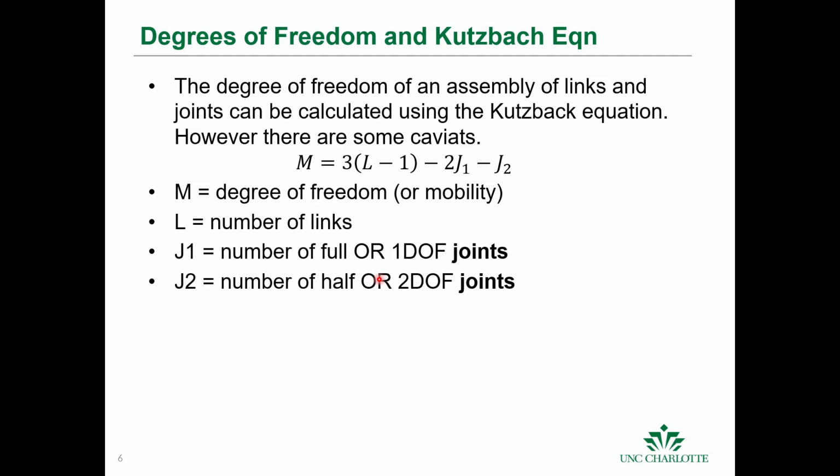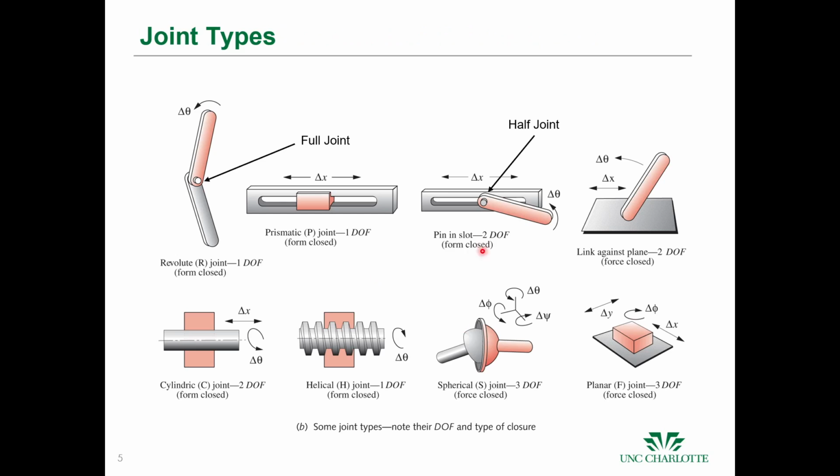J1 is the number of full or 1 degree of freedom joints. Don't think full joints as in 6 degrees of freedom, but a full joint would be a full pin joint that can revolve all the way around the pin. And J2 is the number of half joints, and that would be sort of like the slider. So you go back here, this is a half joint.